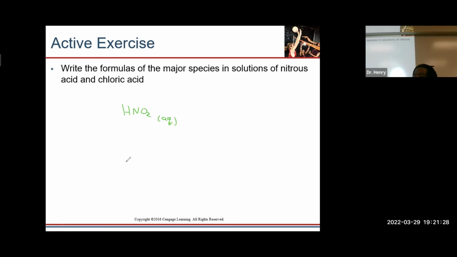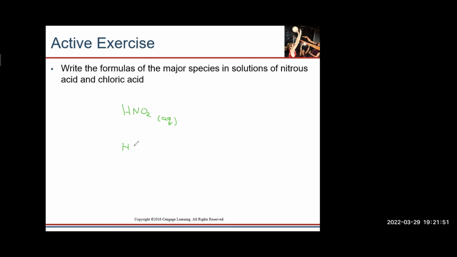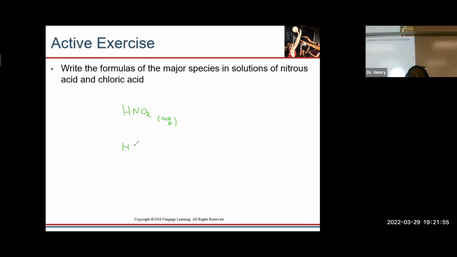So for chloric acid, what would be the major species? Is it going to stay together? Would it be HClO2 or would it be HClO3? Does it separate or does it stay together?